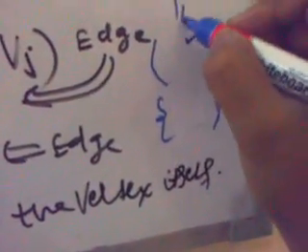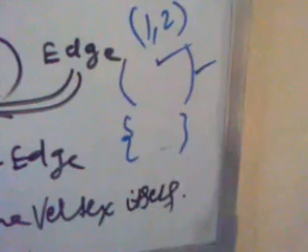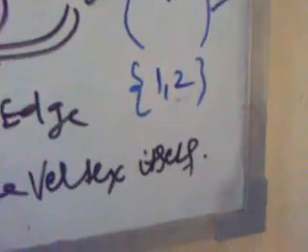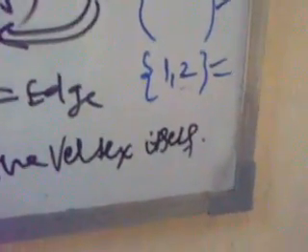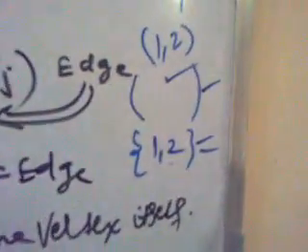That means if we are given (1, 2), you can only go from position one to position two. And if we have {1, 2} in the second bracket, you can go either from 1 to 2 or from 2 to 1. These two brackets are related to the definitions of directed and non-directed graphs.